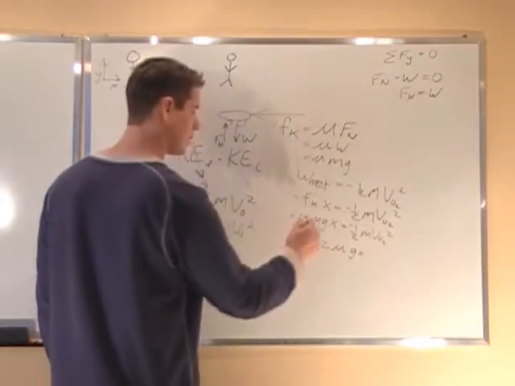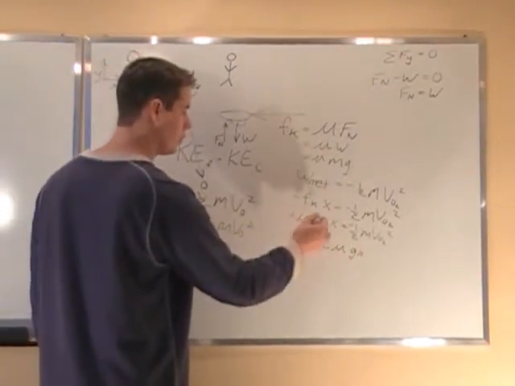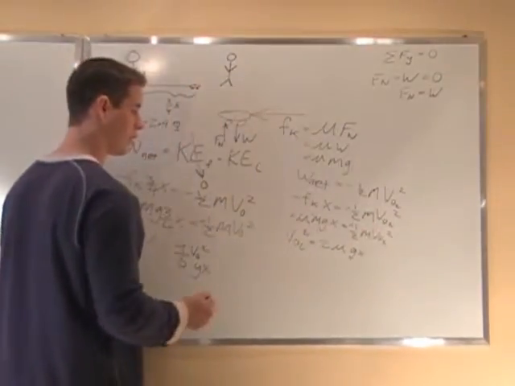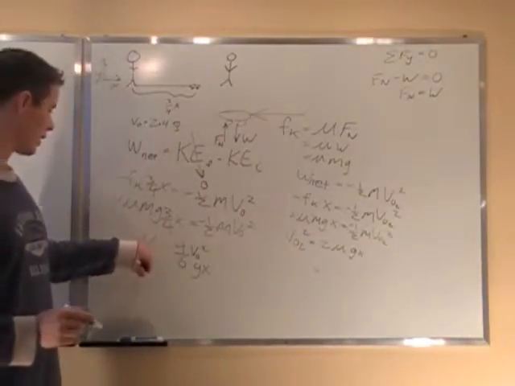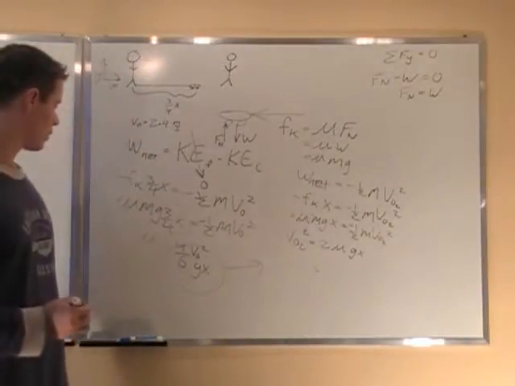I multiply the 2 up here, so I have 2 mu gx, and I'm canceling out the m's. That still leaves v naught 2 squared on that side. Now I'm going to take this mu and plug it in over there.